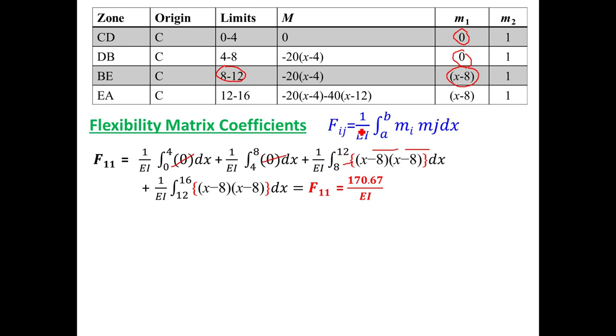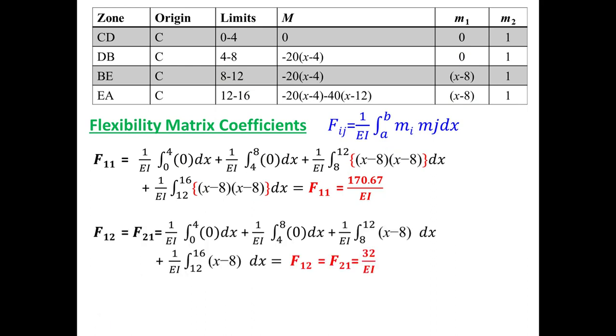And fourth zone, again m1 is x minus 8, so x minus 8 into x minus 8, limits are 12 to 16. If you perform these two integrations and solve, we will get the flexibility coefficient F11 equal to 170.67 upon EI. Okay, so this is F11.